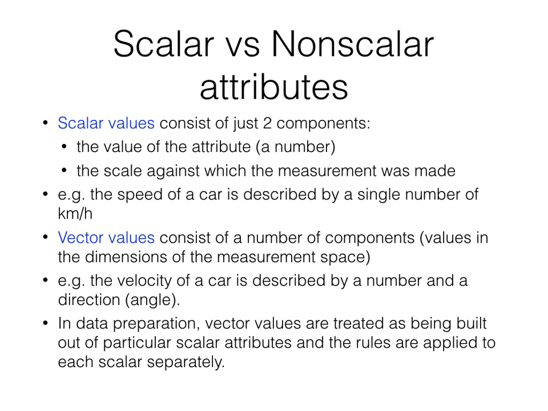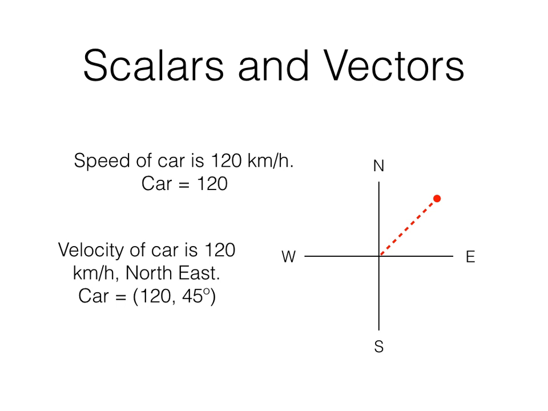And often in data preparation, vector values are just treated as a whole lot of different scalars, and then we look at the rules for each scalar separately. Just to give another example, here we have the speed of a car is 120 kilometers an hour, whereas the velocity of a car is 120 kilometers an hour northeast, and there's 120 and 45 degrees.